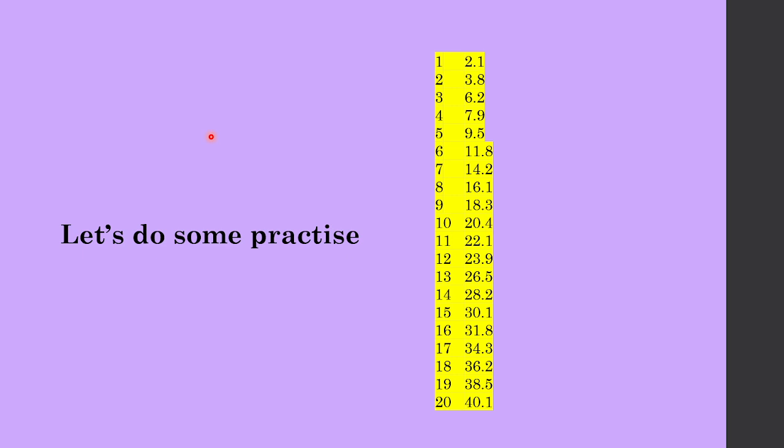So let's do some practice with some random data. We are going to take this data. You can see x is the independent variable, from 1 to 20.